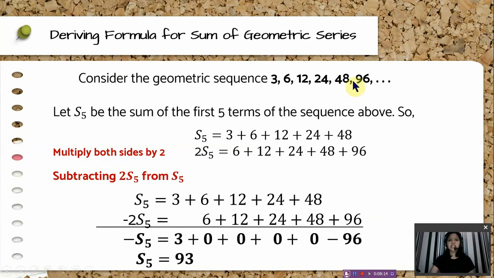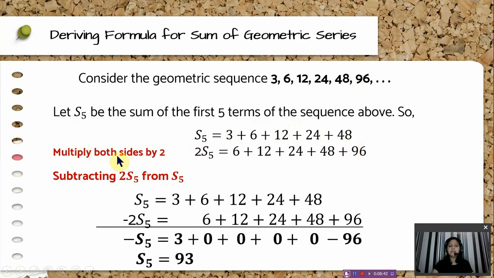First, let us have an example. Consider the geometric sequence 3, 6, 12, 24, 48, and 96. Let S sub 5 be the sum of the first 5 terms of the sequence above. So, S sub 5 is equal to 3 plus 6 plus 12 plus 24 plus 48.